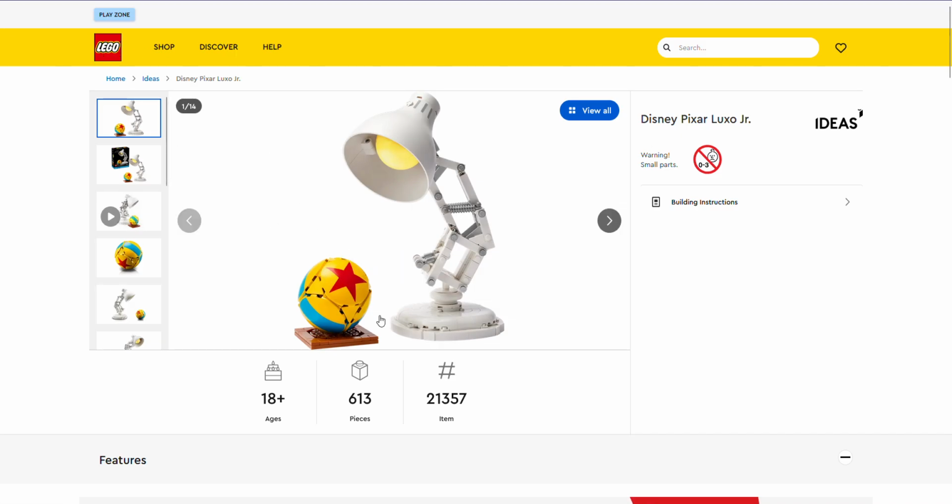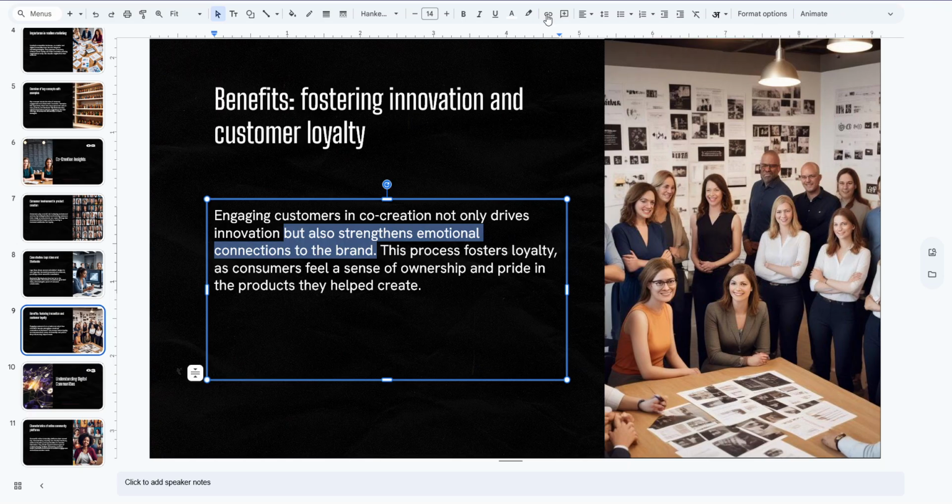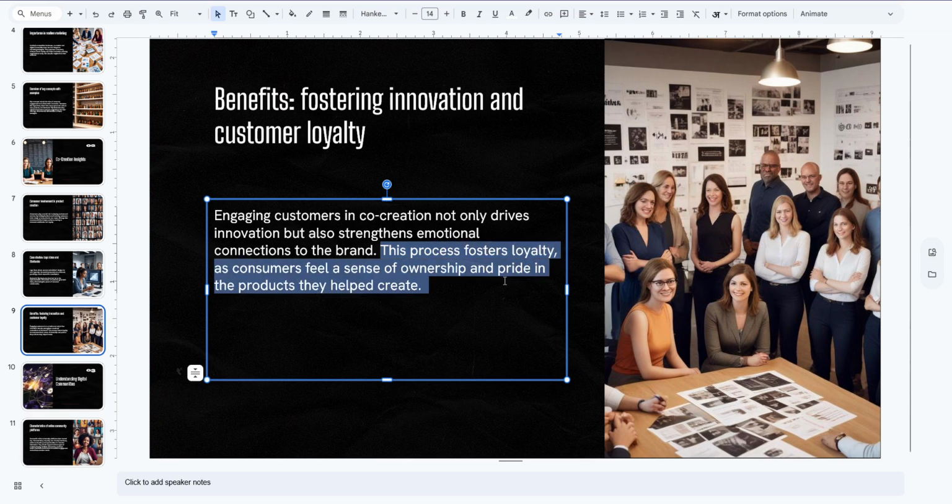Everybody knows Lego, everybody plays Lego. It's a very big, very popular brand. So it will build up an emotional value for that person. That person will have an emotional connection to the brand, and he or she would want to keep on creating more and more ideas. So this process fosters loyalty as consumers feel a sense of ownership and pride in the products that they helped create.